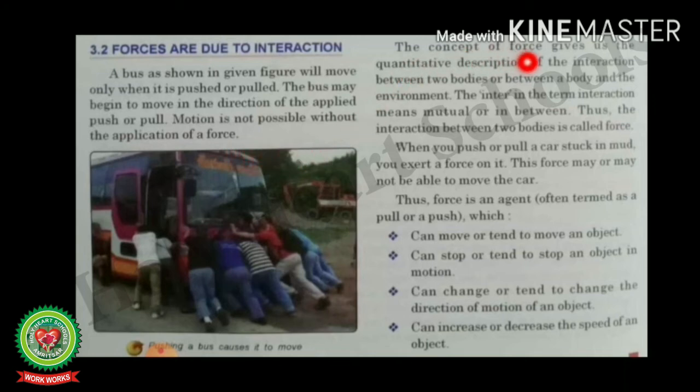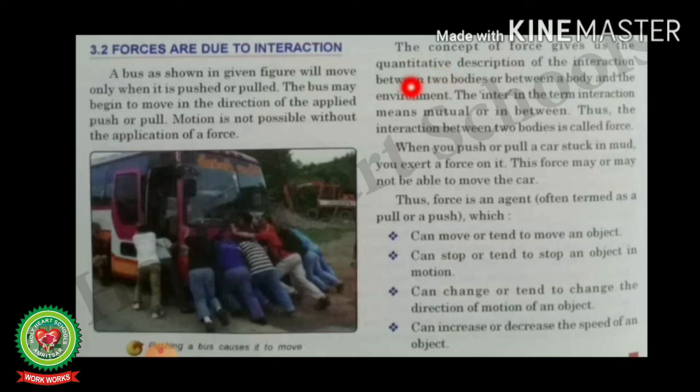The concept of force gives us the quantitative description of interaction between two bodies or between a body and the environment. Quantitative means it depends upon quantity. For example, if we apply more force, then body will move more.